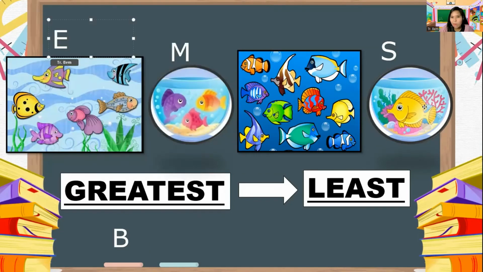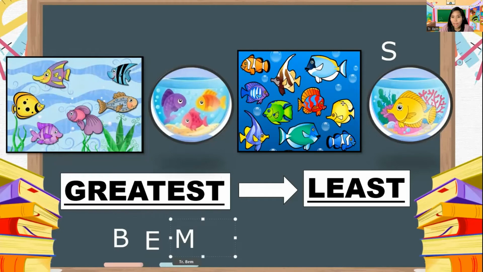Do you think it's E or S? Okay, if your answer is B, then you are correct. The next one is letter M, and then the last one we have S. So the word that we can form by arranging from greatest to least is the word pens.